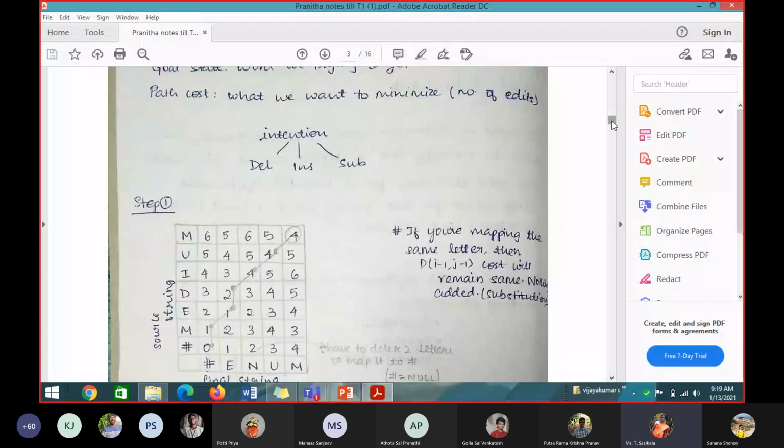Can you justify why? Because we are comparing the same characters, right? When you compare the same characters, then the diagonal value will be plus 0 or plus 2. Plus 0, ma'am. Very good.